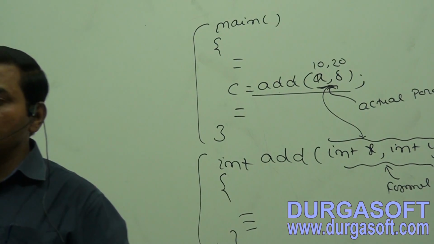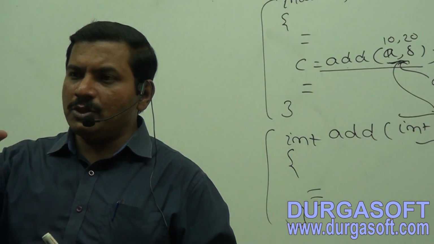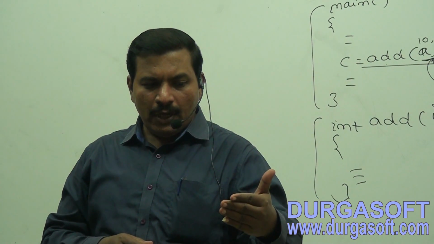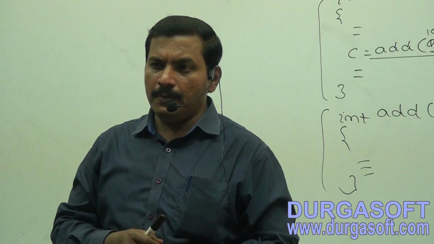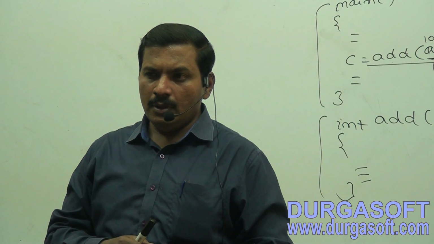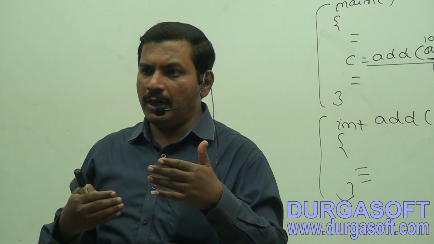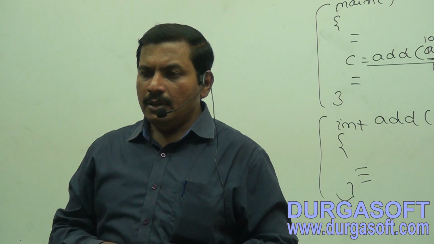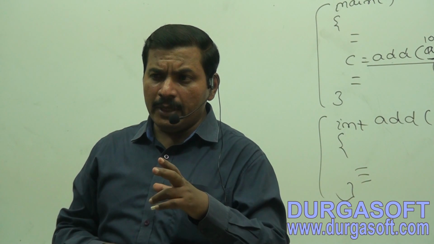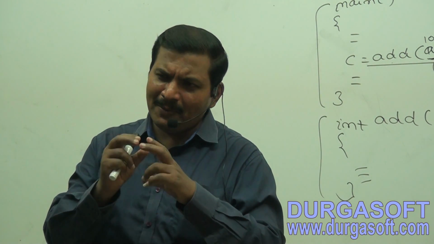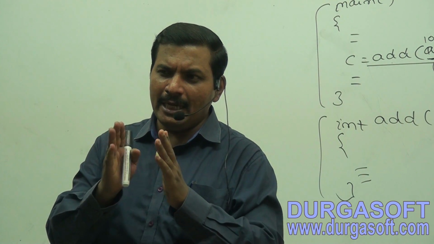Internally, a stack data structure will be utilized to copy the values of actual arguments inside the formal arguments. What is the interface between copying actual into formal? Stack. Inside the main memory, there is one segment called the stack segment, a permanent segment in the RAM.